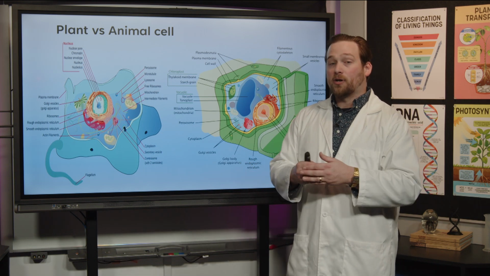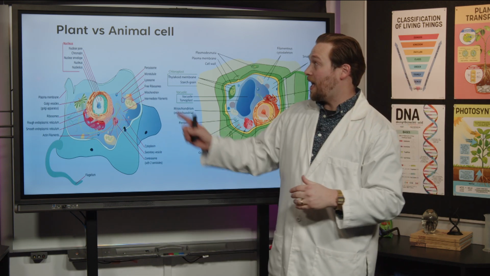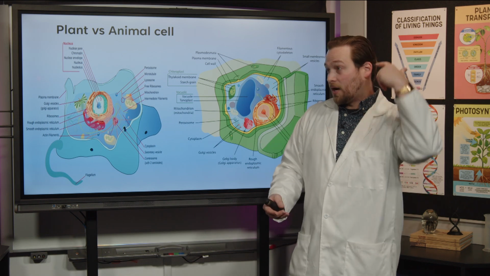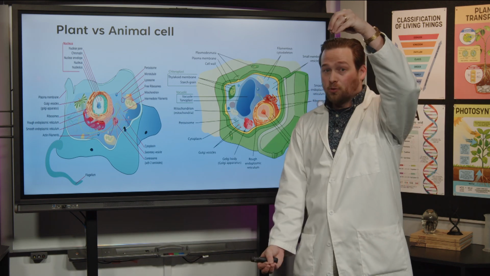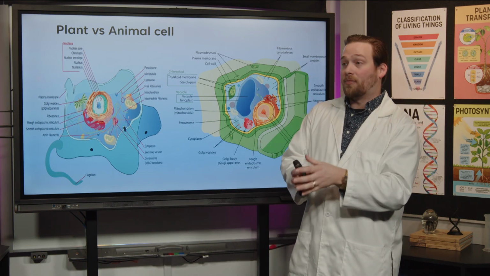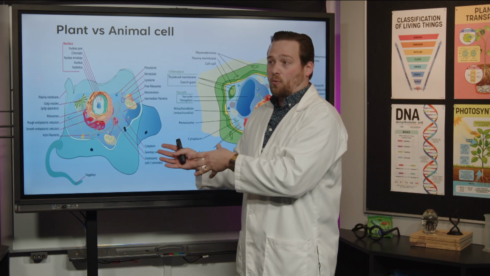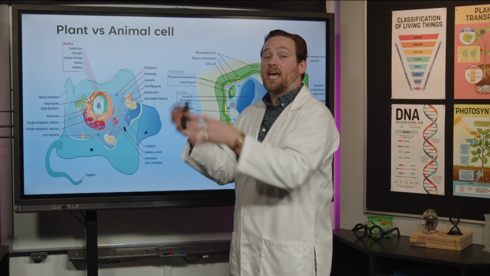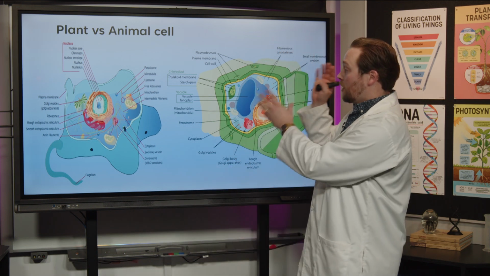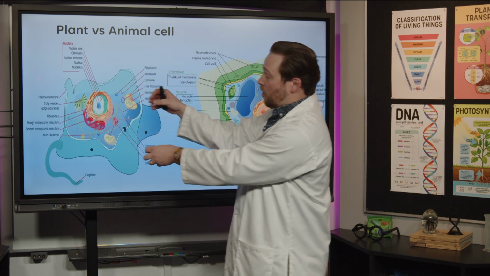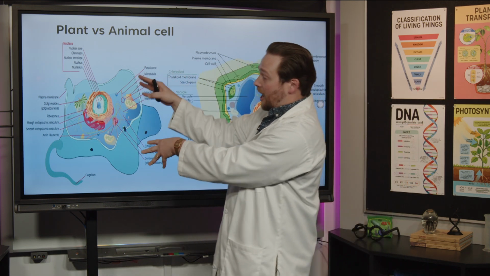Some of your cells are nearly a meter long. You have some nerve cells that run down your spinal cord. A single cell can be really, really long. But all of these cells can look different from each other. Because they don't have a cell wall, they can take those different forms. Okay, so cell wall, no cell wall, geometric, non-geometric.